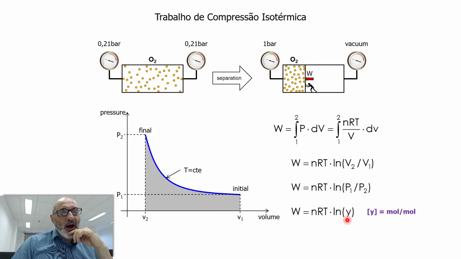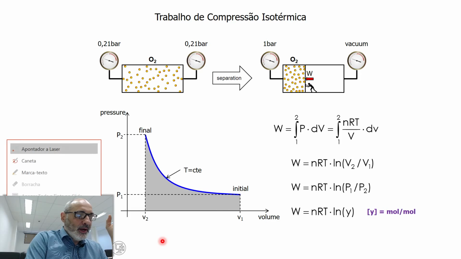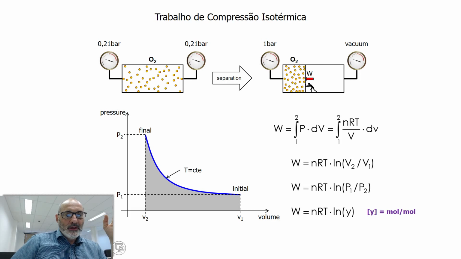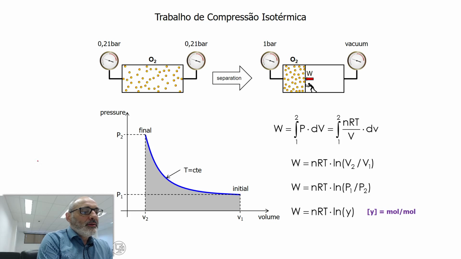Right here, Y has to be a molar concentration because I'm using the partial pressure law. Do you have some problem? Let me just remind this for you. We know that the total pressure is the sum of the partial pressures, so partial pressure of O2 plus partial pressure of N2.